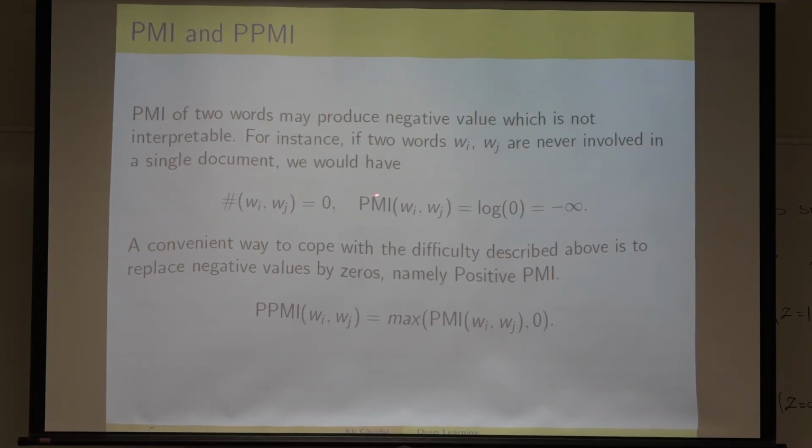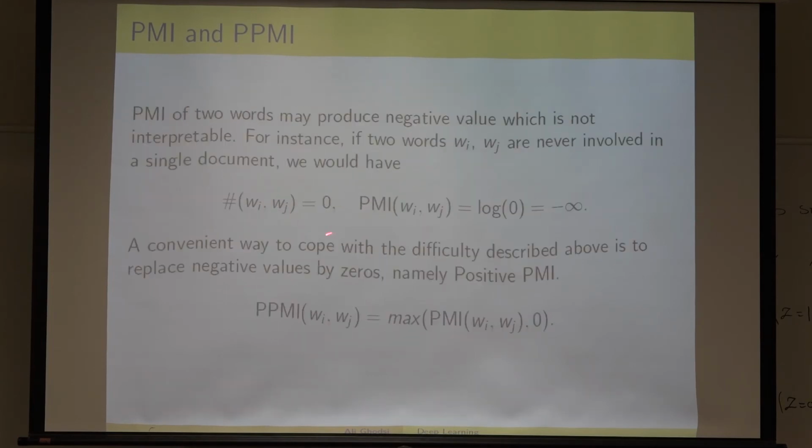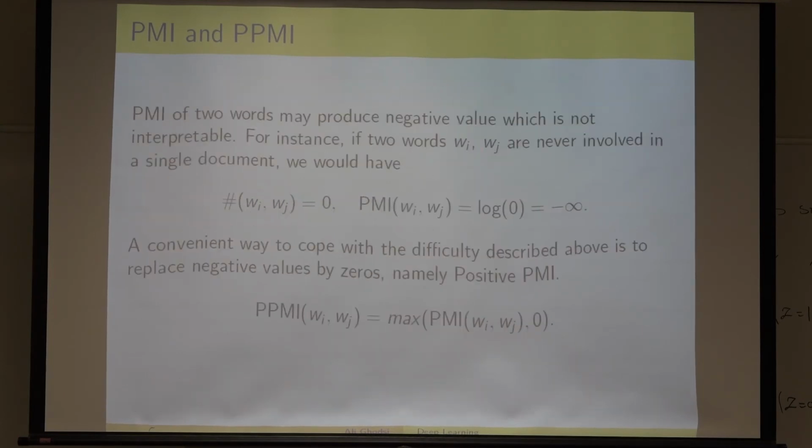This PMI could, in fact, be negative, because it's a log of this quantity. If there is a pair that is not in the corpus, then this PMI would go to negative infinity, and if it's very rare, it's going to be a large negative number, because you end up with log of 0, which is negative infinity.